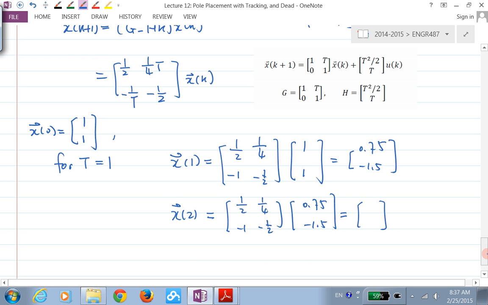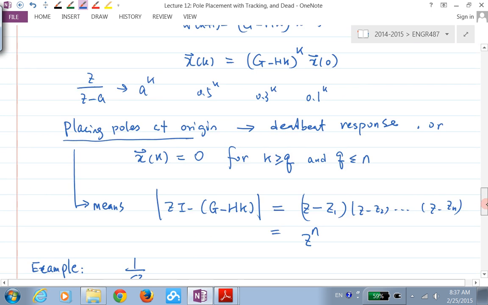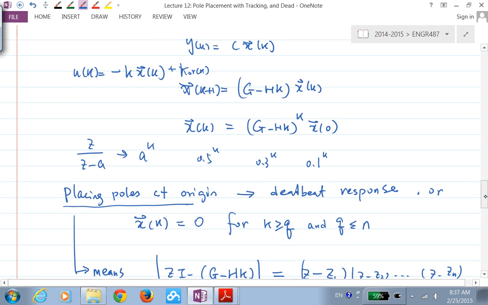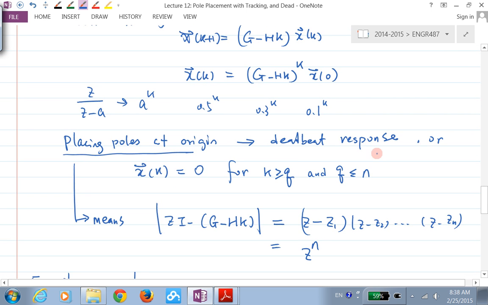Actually, you should think about the statement I was saying here. When you design the deadbeat response, basically placing the poles at the origin, you're supposed to get x of k go back to 0 within a maximum number of steps equal to the system order n.